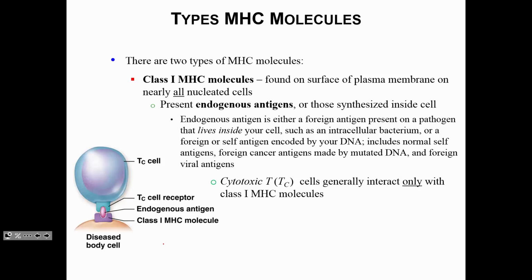It could be a foreign antigen present on a pathogen that lives inside your cell, like a bacteria, or a foreign or self-antigen that was encoded by your DNA. It includes normal self-antigens, foreign cancer antigens made by mutated DNA, and of course viral antigens. The bottom line is any antigen that is inside your cell is going to be presented by the class 1 MHC molecules. Generally, cytotoxic T cells only interact with class 1 MHC molecules.